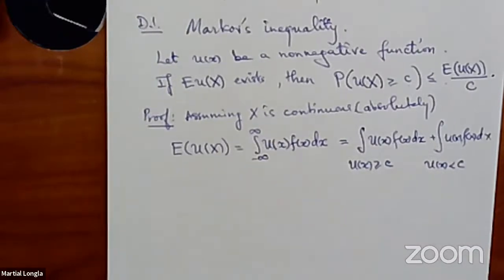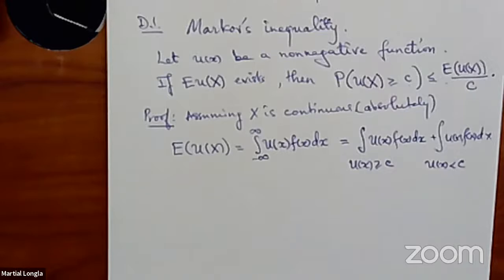Do you agree with that? The entire space splits into two. Either u of x is less than c, or u of x is larger than c, right? No matter where x is. It's either here or there. Do we agree on this? All right.